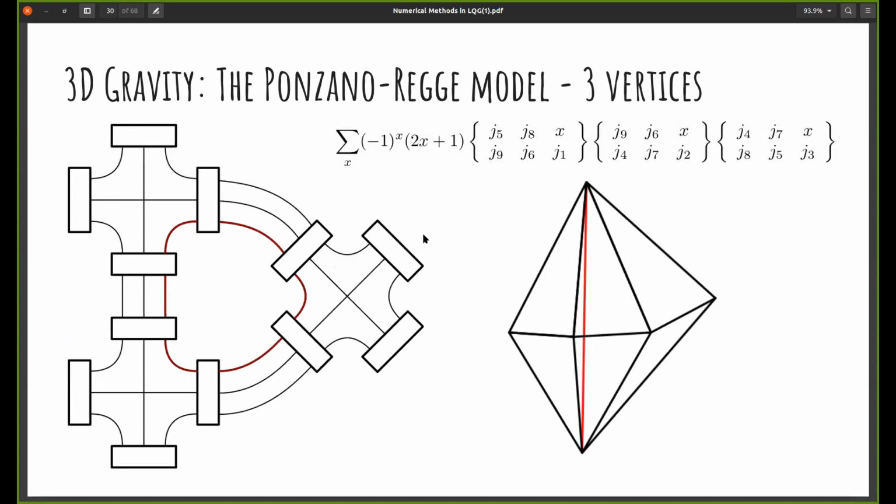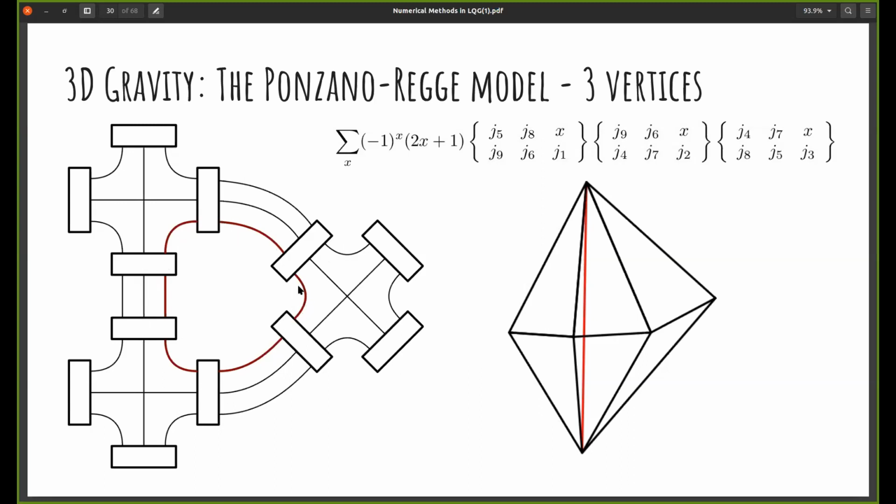You don't have to imagine this gluing to happen in 3 dimensions. This is just an abstract gluing. You're literally identifying faces if you want. And the dual two complex has 3 vertices, 1, 2, 3, 4, 5, 6, 7, 8, 9 edges, 10 faces, 9 of which are boundary faces, and 1 of which is a bulk face.